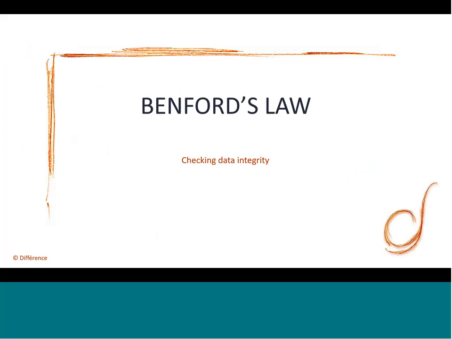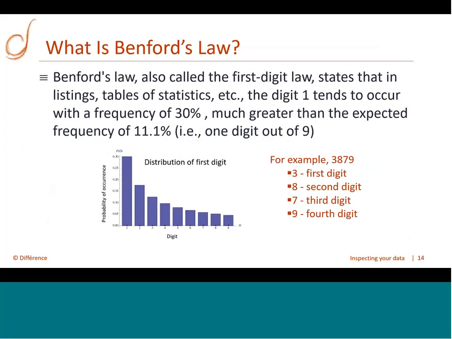The last graph I want to show you is a graph associated to a very interesting law, which is called Benford's law. It's also known as the first digit law, which states that in any listing, tables of numbers, or actually in many situations, if we study it, the digit 1 tends to occur with a frequency of 30%, which is much greater than what we would expect if we were just doing a simple calculation, which is: okay, the first digit, what can it be?